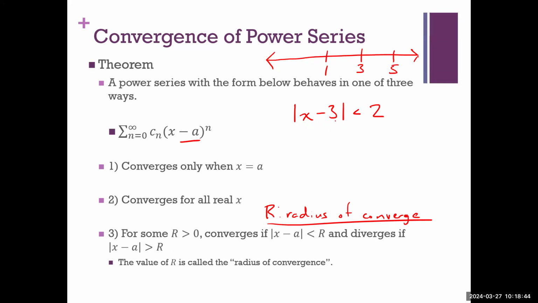Another way to think about this is we can re-express this algebraically. For the absolute value of something to be less than 2, that means it has to be between 2 and negative 2. Does that make sense with the number line that I'm using to illustrate this? Yeah.